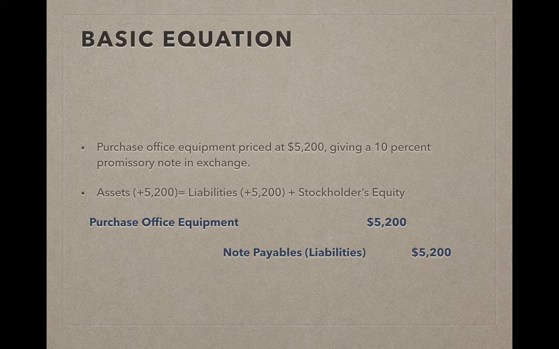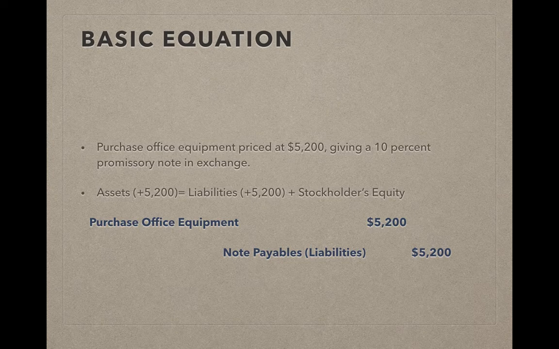The third case is: purchase office equipment priced at $5,200 US, giving a 10% promissory note in exchange. As we can see here, the third case is about purchasing office equipment.